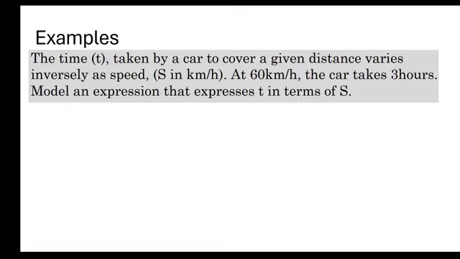The first example says that the time t taken by a car to cover a given distance varies inversely as speed. Now they're saying at 60 km per hour, the car takes 3 hours.